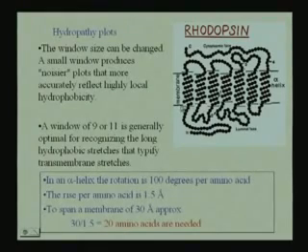If my membrane is 30 angstroms thick, how many hydrophobic residues should I have there? 20. Why? Because 1.5 angstroms is for every amino acid residue, and I have to span 30 angstroms.